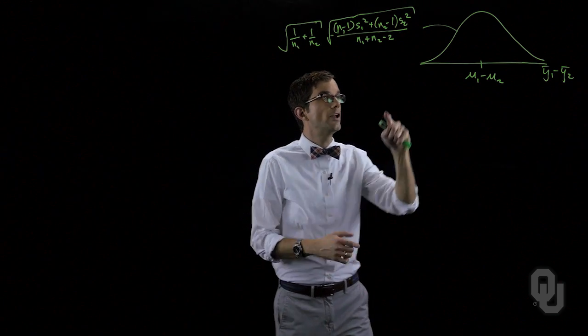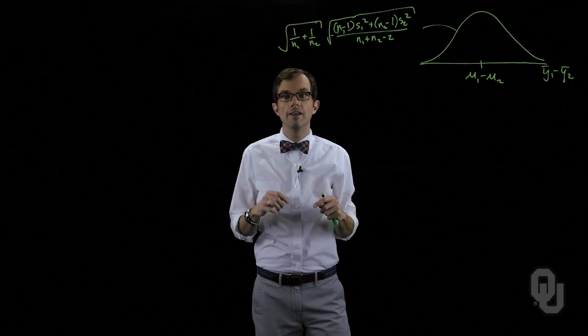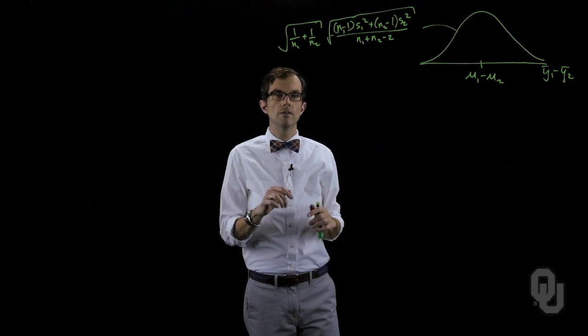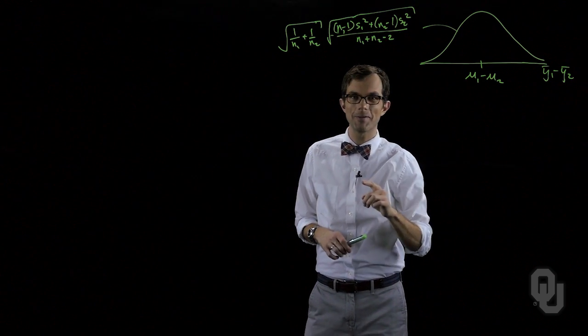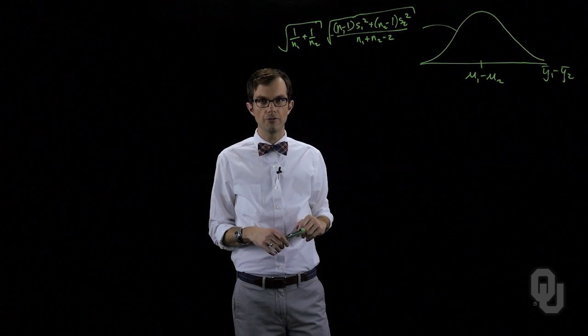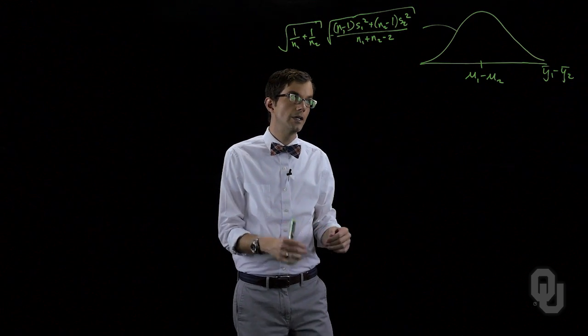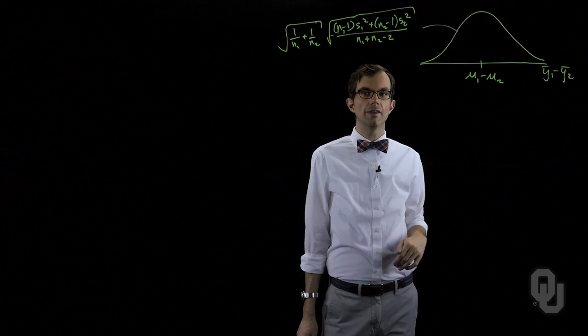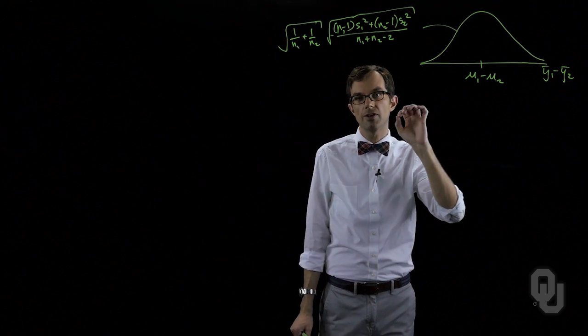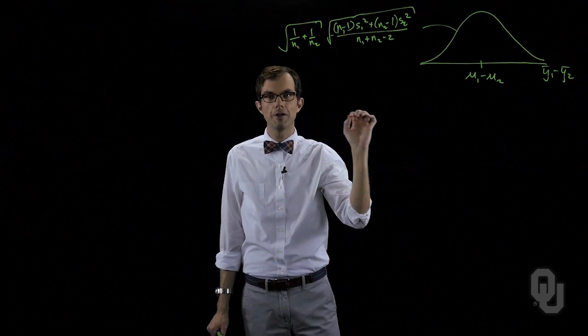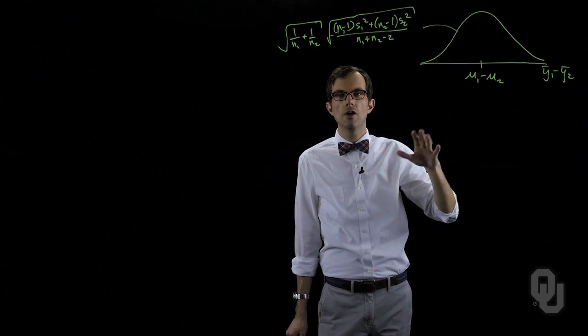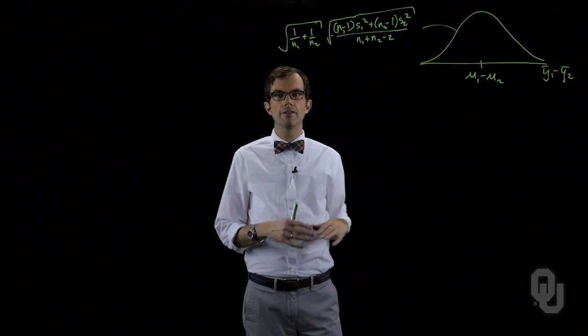Okay? And we know that this distribution is a normal distribution if population 1 is normally distributed and population 2 is normally distributed, or if we can apply the central limit theorem. And that is if the sample sizes that we pull from population 1 and population 2 are both bigger than some number, let's say 30.